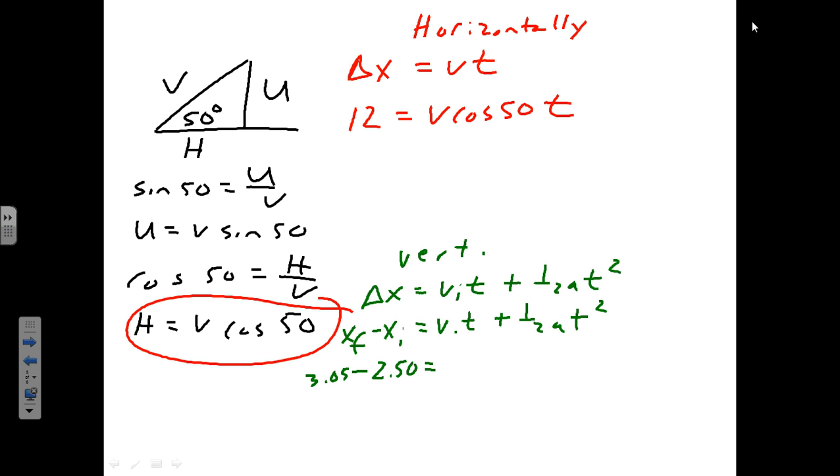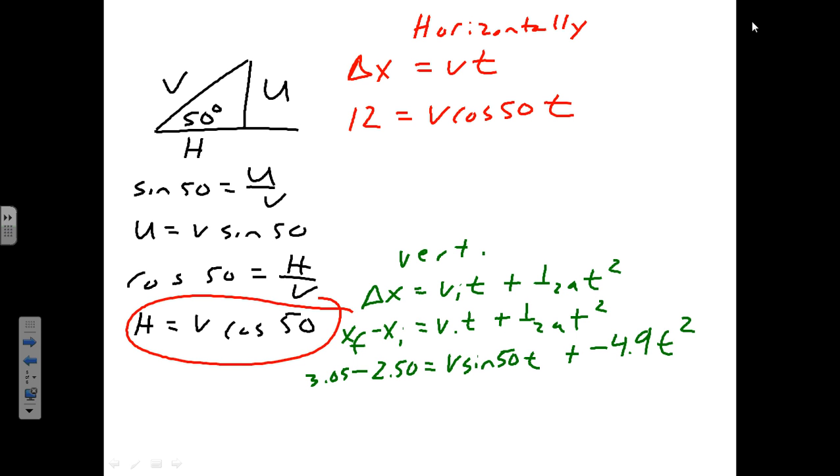The v_i is the initial vertical component of the velocity, so that's v sine 50 times t plus 1/2 a t squared. Now the acceleration vertically is negative 9.8, so we're just going to write this minus 1/2 times that, minus 4.9 t squared. Let's go ahead and simplify a little bit.